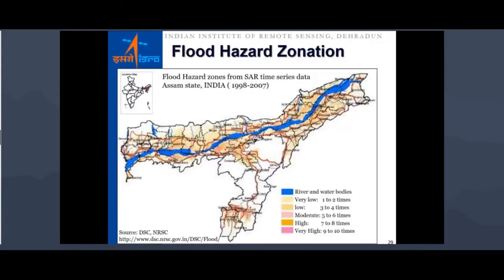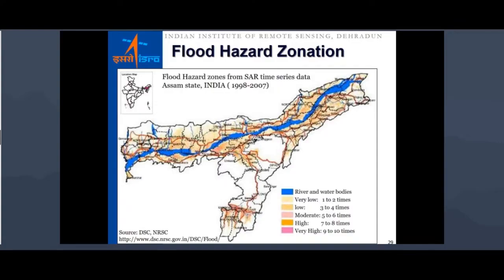It means I want to know which area is flooded frequently, so that people should not stay in that area. So how to do that? For example, let us say you are somewhere near Barpeta district in Assam. People know that every year flood comes up to this point. So we should take care.